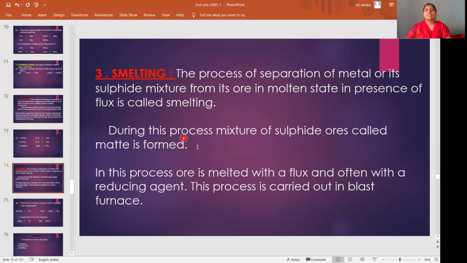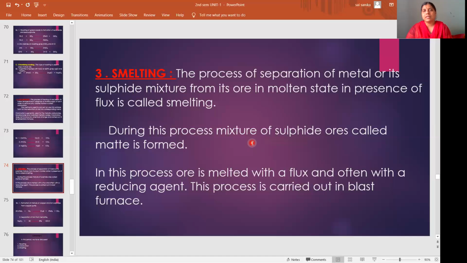So what is smelting? Simply the process of separation of metal or of a sulfide mixture from its ore in molten state in the presence of flux. That means by adding flux, we are heating it and separating the metal.